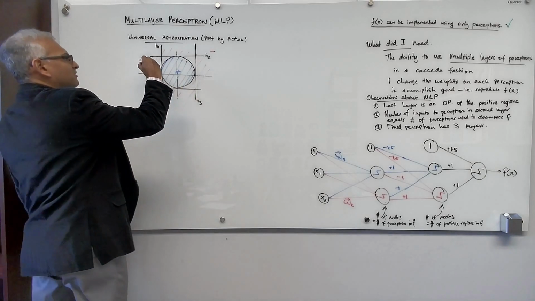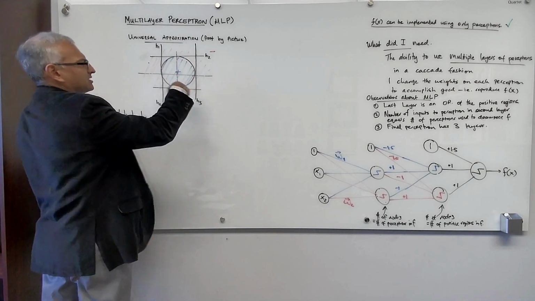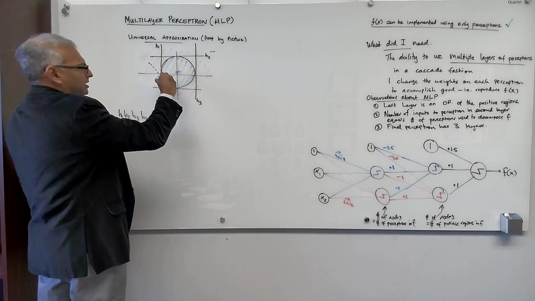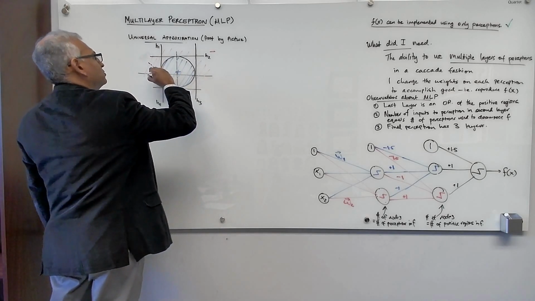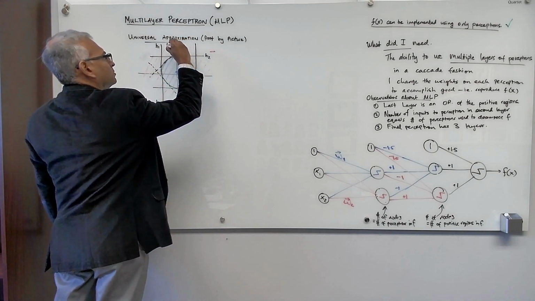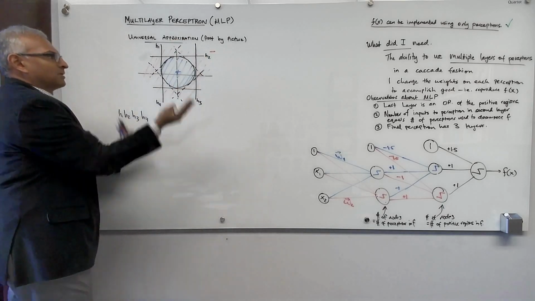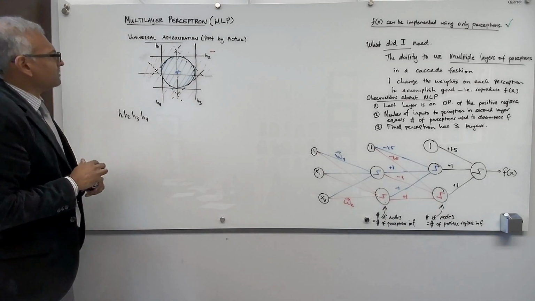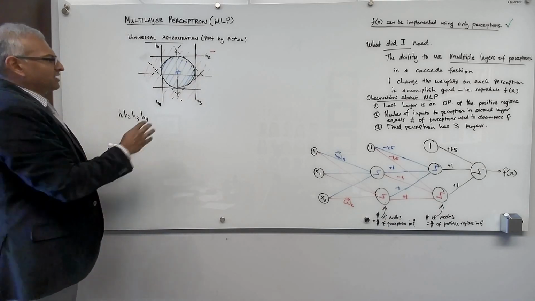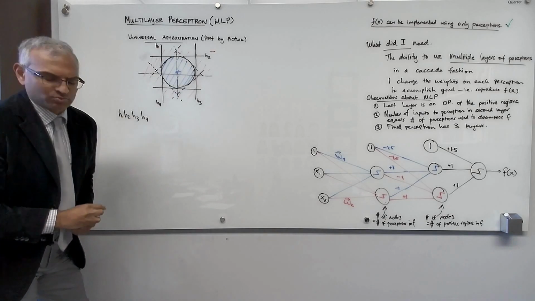Well, no problem. Give me a few more lines. So this is 4 lines. Now let me add some more dotted lines. Boom, boom, boom, and boom. So now I'm classifying as +1 everything that's inside all 8 of those regions.